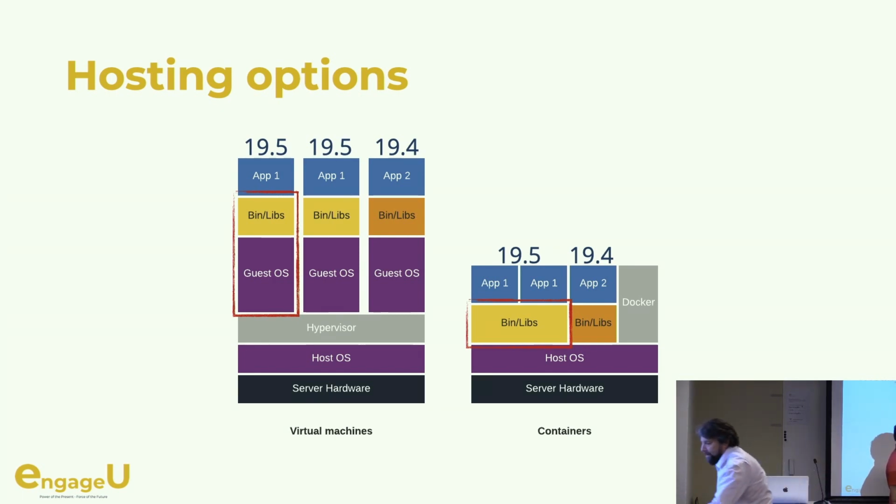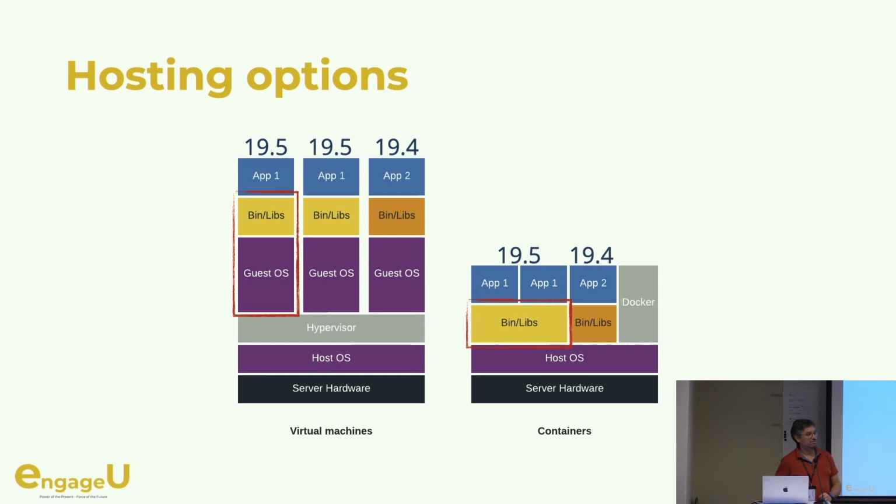Your libraries, if you have two containers running the same version of FileMaker, they will become one only. So here I have the 19.5, just one time. Here you have another one for the 19.4. So it's really lighter. And then you have your container running, your app running here.